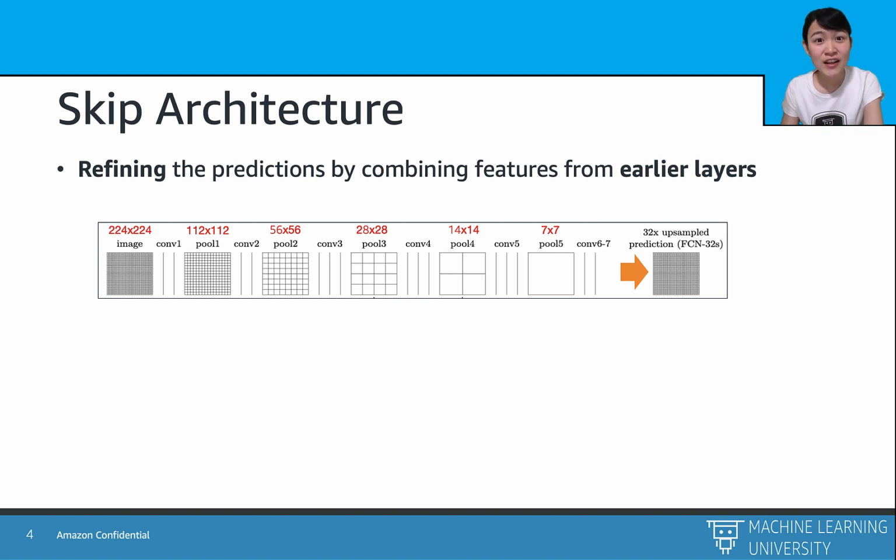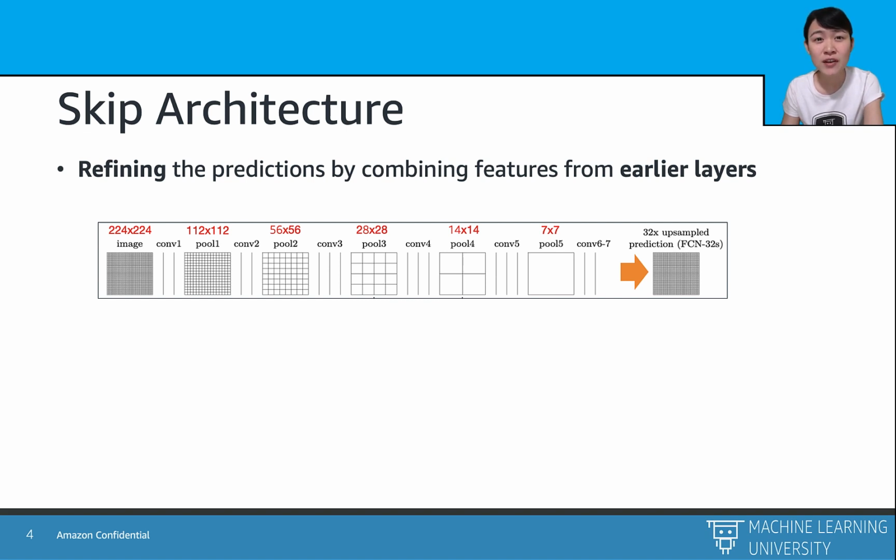So the original network of FCN has encoding convolutional neural networks to shrink the feature down and uses decoding upsampling techniques to amplify the feature up at once with this 32 by 32 upsampling kernel, also called FCN32s.